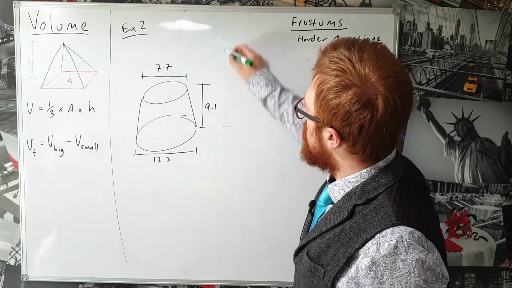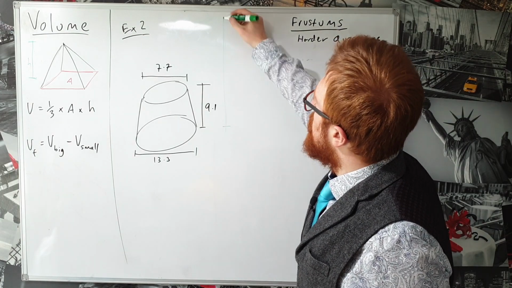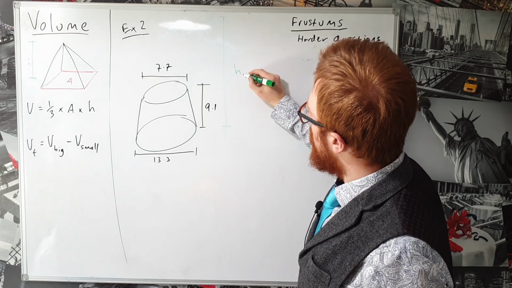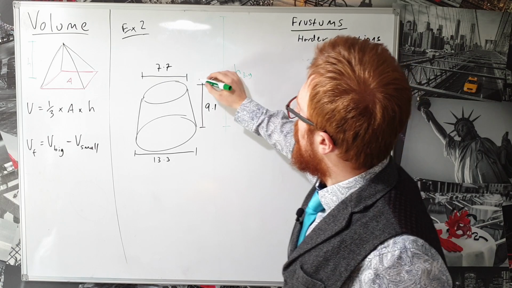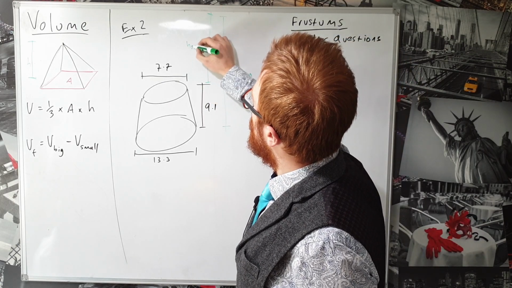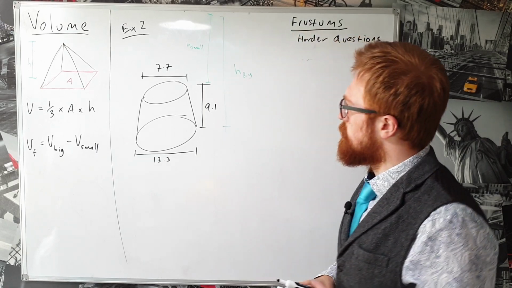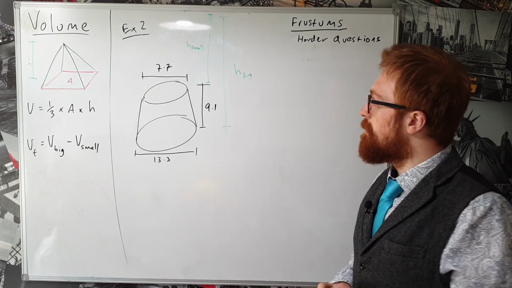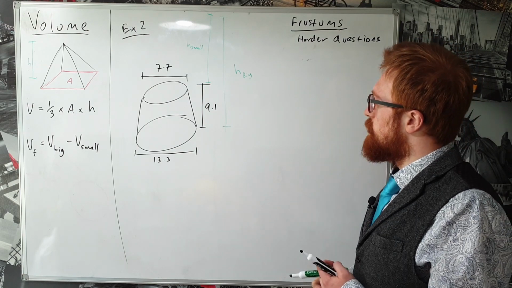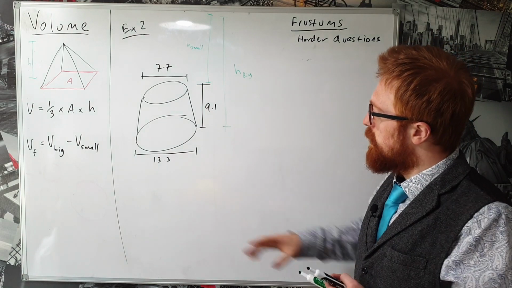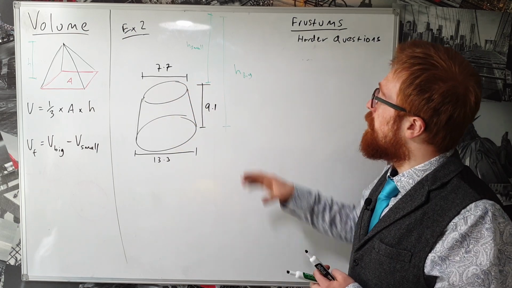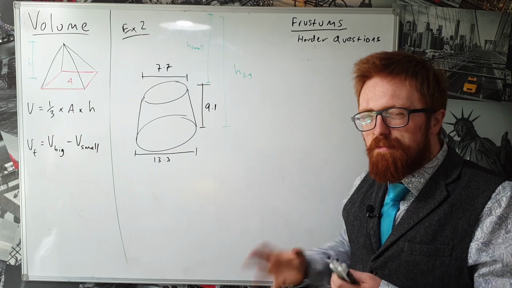So what I'm going to do is call the height of the original cone h big, and I'm going to call the height of the cone that we took off h small. Now we're going to set up a scale factor system like we did before, but this time we're going to use a little bit of algebra.